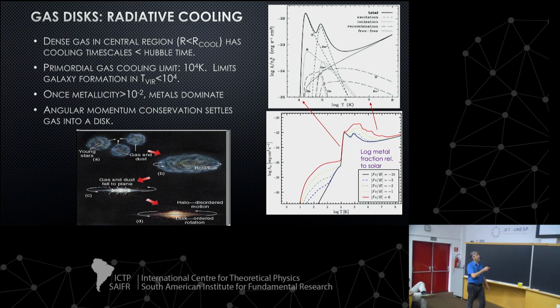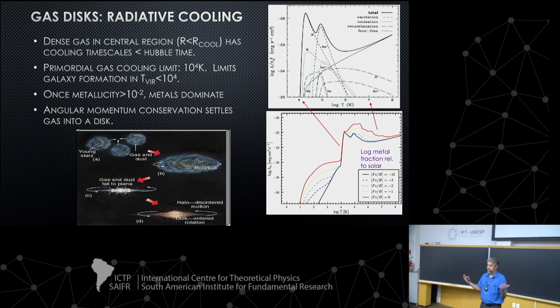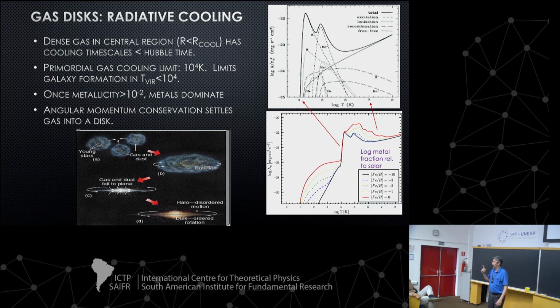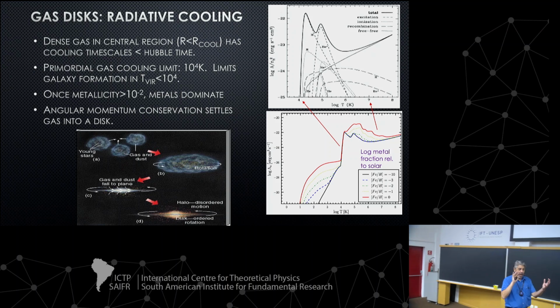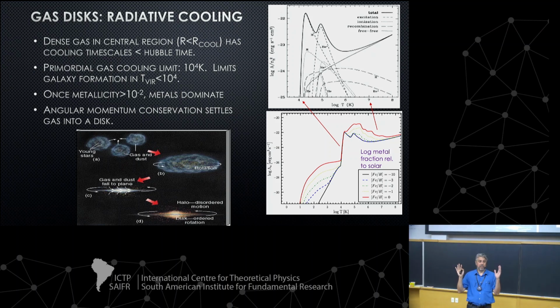Okay, so what happens? The baryons are able to cool down, right? They're able to get rid of their potential energy, unlike the dark matter. But remember, we have this lambda, the rotation of the halo. On large scales, that doesn't provide much support, a few percent, as we said, for the halo.